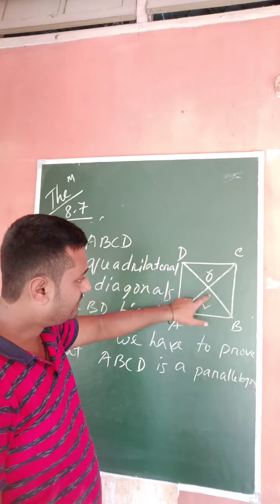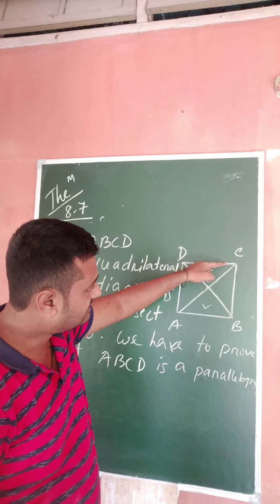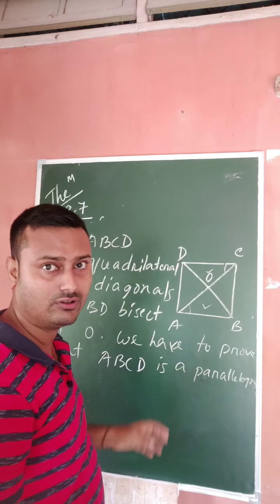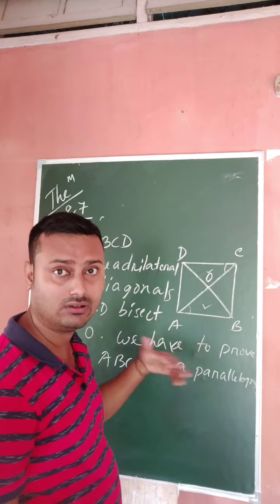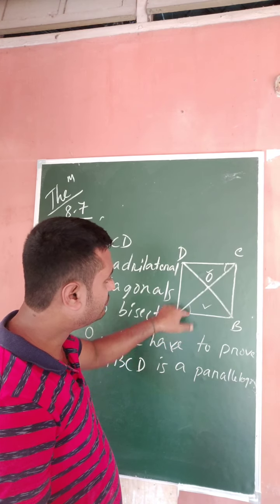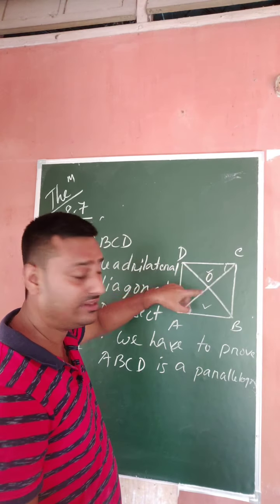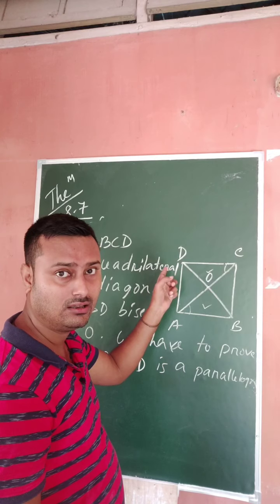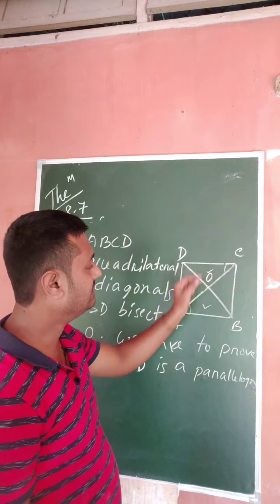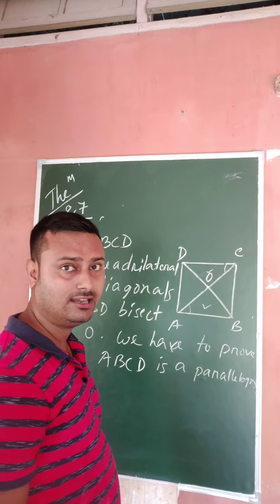Again, the corresponding angles will be equal, since corresponding parts of congruent triangles are equal. If these two angles are equal and they are alternate interior angles, that means AB must be parallel to CD. So if you prove AB equal to CD and AB parallel to CD, then ABCD becomes a parallelogram.